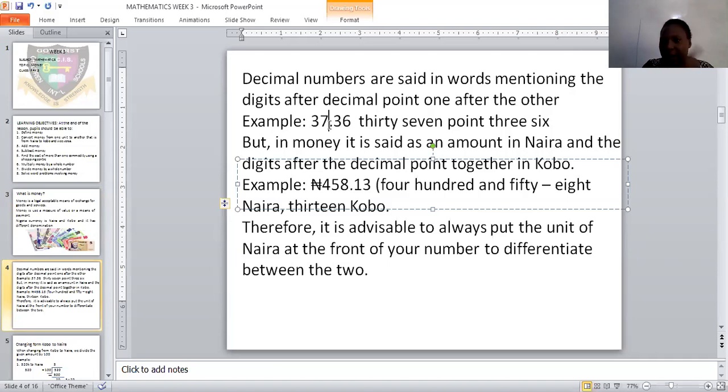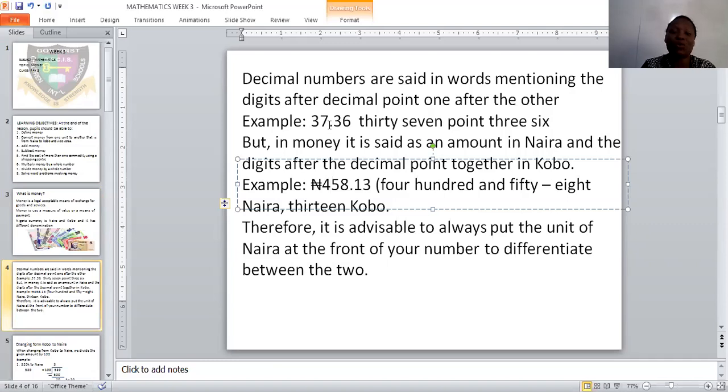But in money, it is said as an amount in naira, and the digits after the decimal point, you say together in kobo. Example, 458 naira.